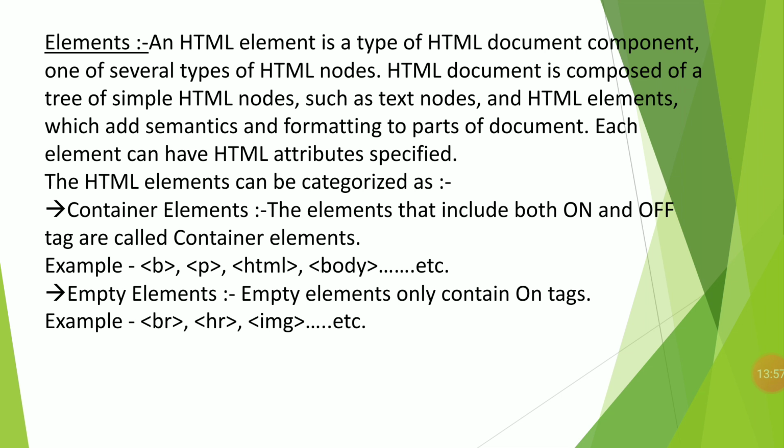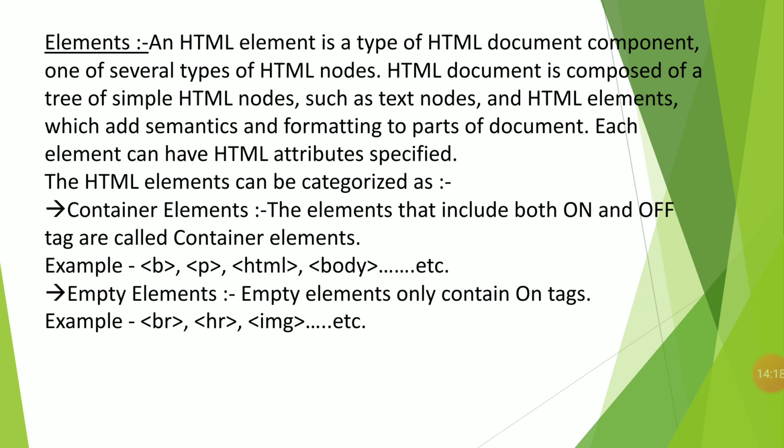Here in the example I have mentioned the B tag. If the B tag is started, then we must close this B tag. If the P tag is started, then we must close this P tag. Same as the body and HTML tags. All the tags mentioned here have both starting and ending tags.